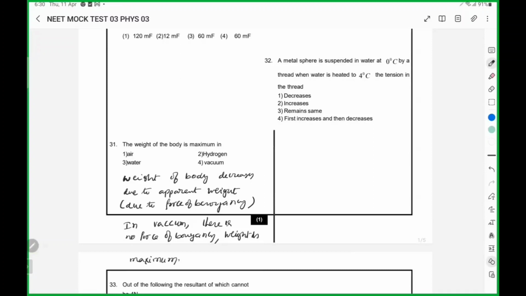Here, a metal sphere is suspended in water at 0 degrees centigrade by a thread. Here, the tension in the thread is calculated. It is tension mg when it is placed in air.